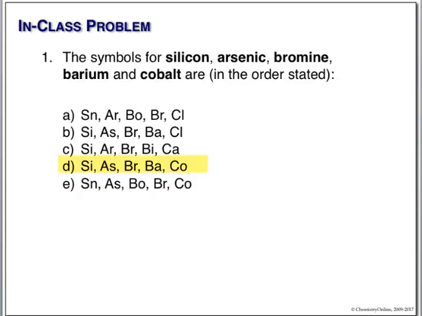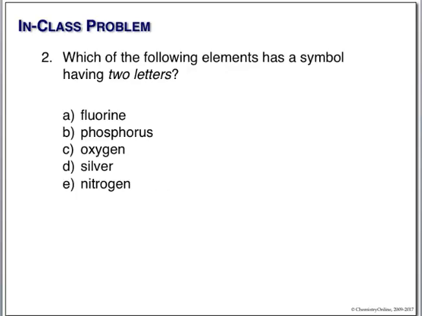Any questions? Which of the following elements has a symbol with two letters? Silver. We saw that fluorine was an F, right? Phosphorus was a P. Oxygen, sitting over there as an O. Silver, what was silver?